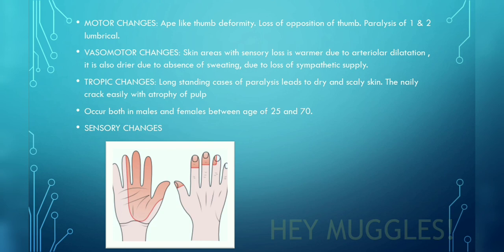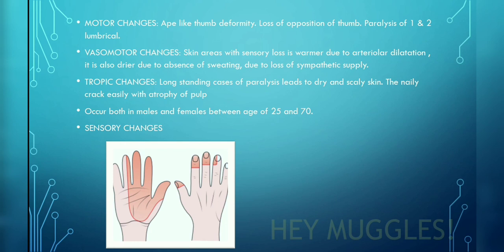Apart from that, there would be paralysis of the first and second lumbricals. I hope you know what the thenar eminence is. It is the group of muscles present in the palm at the base of the thumb. These muscles get paralyzed in carpal tunnel syndrome, which causes loss of opposition of the thumb.